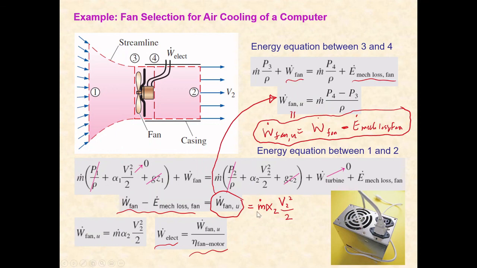And also we can use the same equation to estimate the pressure difference before and after the fan. If we know one pressure point, then we can estimate the other pressure value. If we know the pressure before entering, then we can estimate the pressure after leaving the fan.